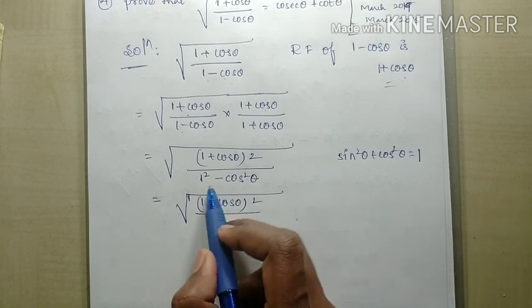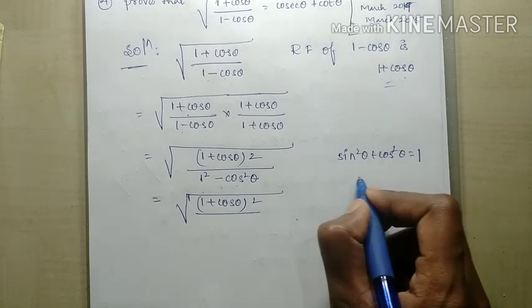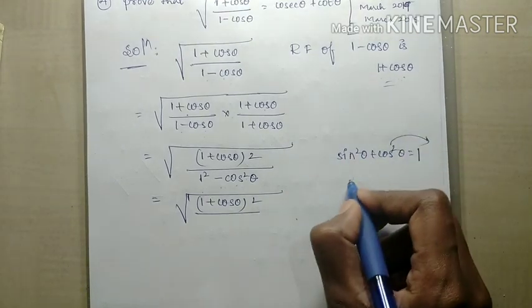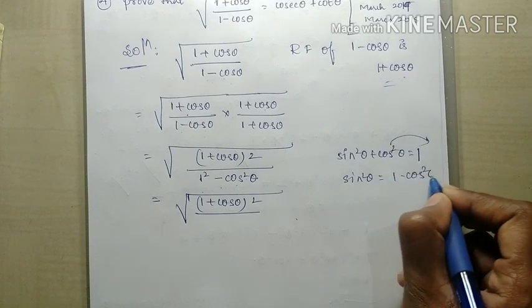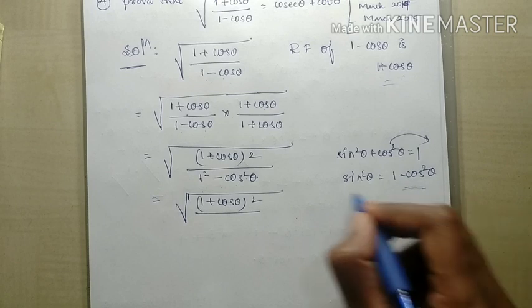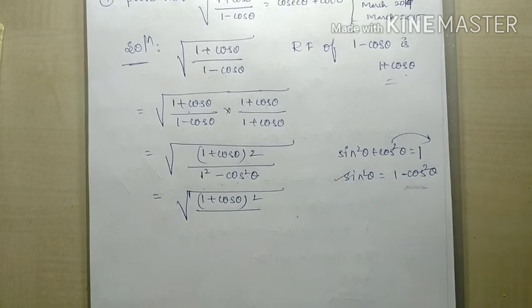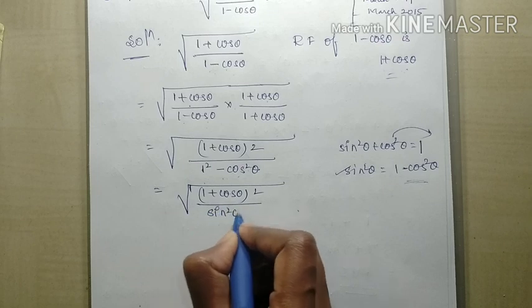So now here we have 1 minus cos square theta, let me send that side, that is sin square theta equals 1 minus cos square theta. So in the place of 1 minus cos square theta, I can substitute sin square theta. So 1 minus cos square is sin square theta.